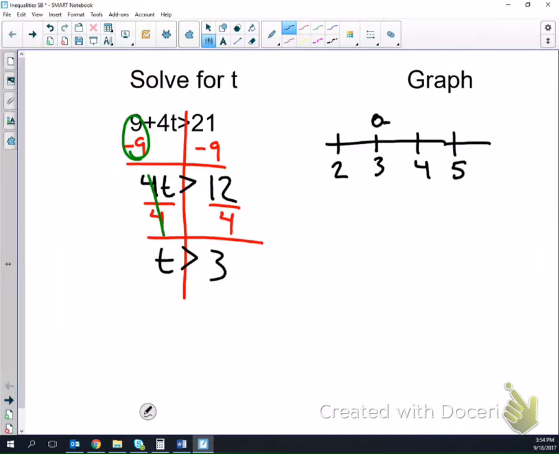But anything above 3, this going on forever, 4, 5, 6, 7, 8, 9, 10, even 3.5, anything that is above that 3 mark is something that t can equal. So that's how I solved it. This is how graphically I'm kind of showing all possible answers in existence. And there are an infinite number of answers, infinite number of numbers that are bigger than 3.